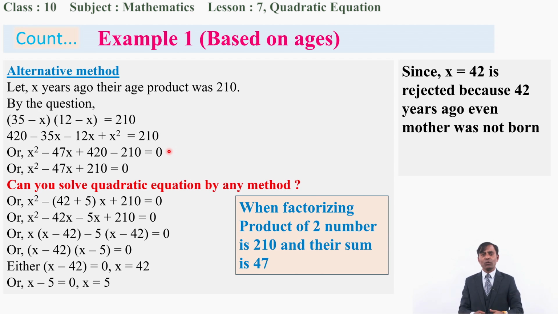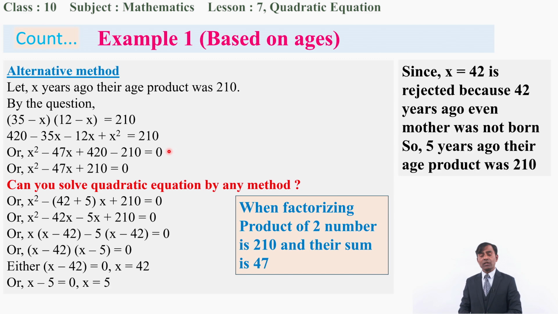Because even the mother was not born, then how was the daughter born before 42 years? So both of them were not born. So 42 is rejected, and 5 years ago their age product was 210.